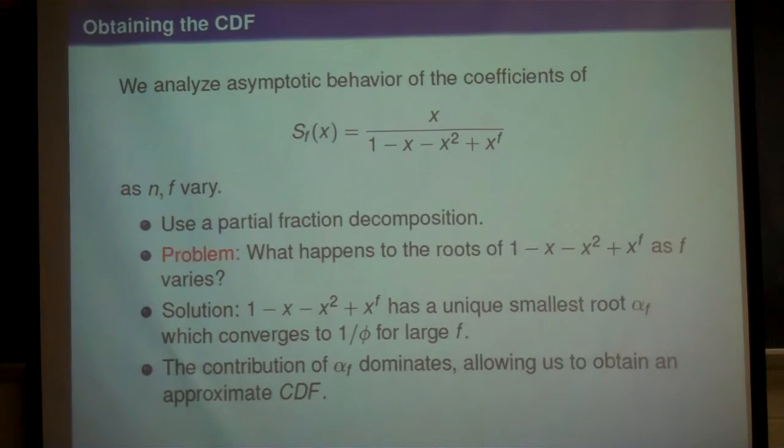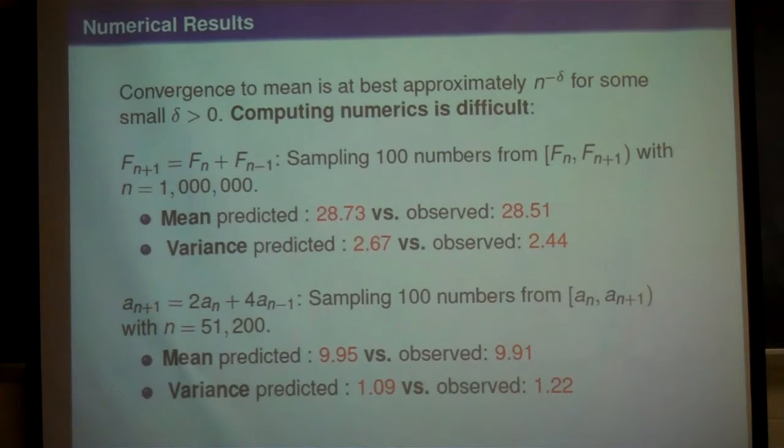And so that allows us to expand everything out and then apply our analytic techniques and actually get the mean and variance from that. All right, so that's how we go about our proof.